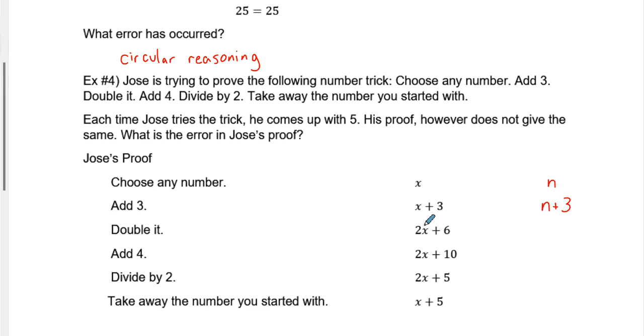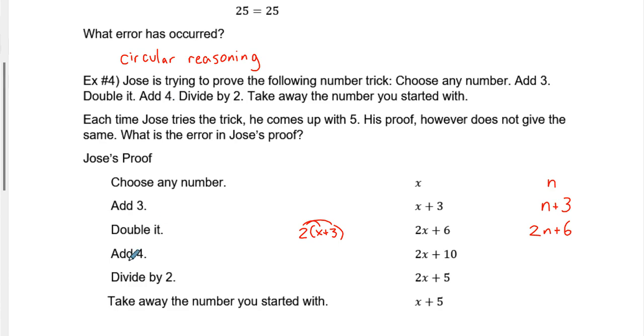So when you double it, by multiplying 2 times x plus 3, you distribute the 2 on the x, you distribute the 2 on the 3, 2x plus 6. Awesome. If we did the same thing with 2 multiplied by n plus 3, it'd be 2n plus 6. So far so good.